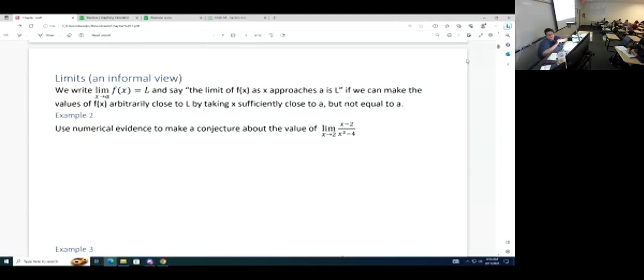We have x approach a, but notice it says not equal to a. At some points, just like we had with our secant line, we couldn't plug in x equals 1 initially. So we're going to take values close to a, but not equal to a.